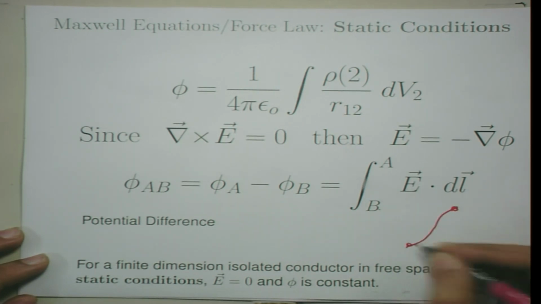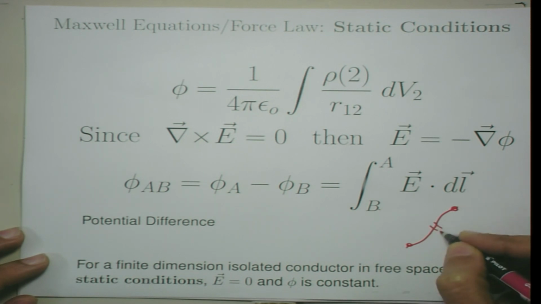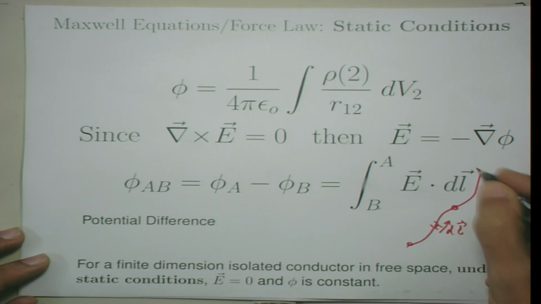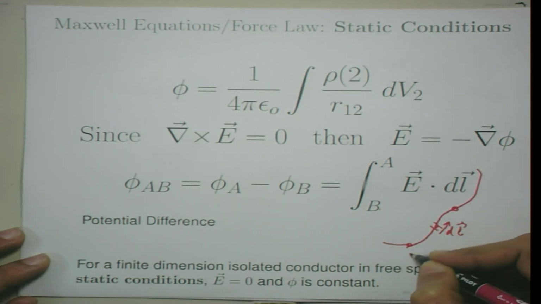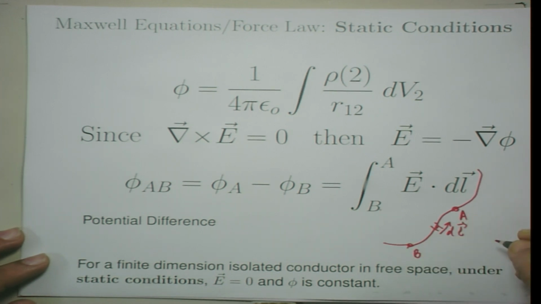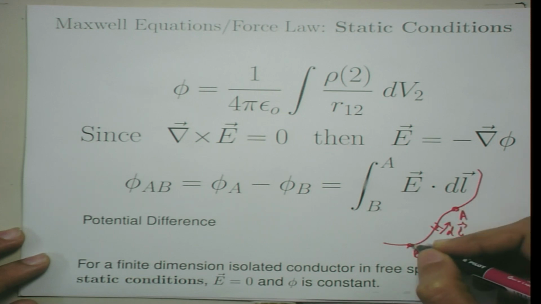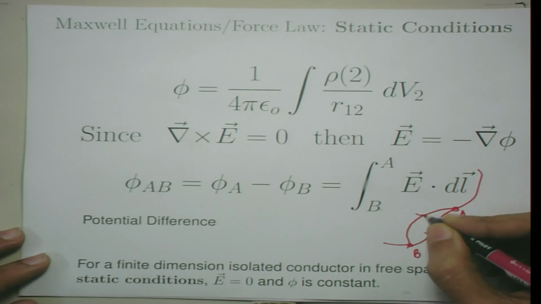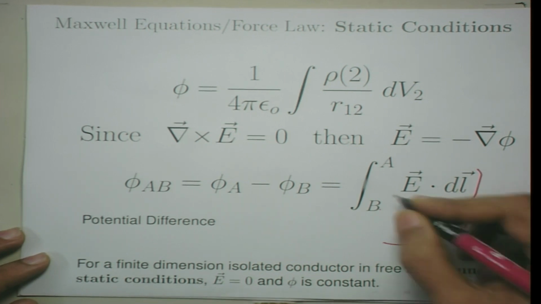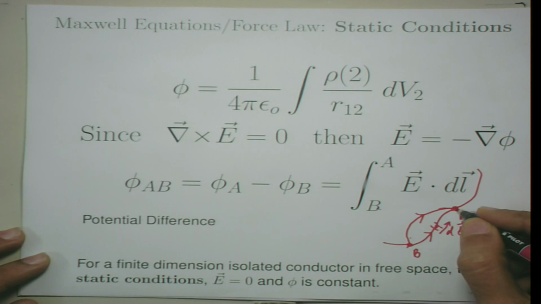You take a curve, where dl is an elemental length with direction, let us say with the anticlockwise convention, and you move from B to A. You can move from B to A in this way, or you can even move in this way. But it turns out that if you evaluate this integral from B to A using this path or this path, you will get the same answer.